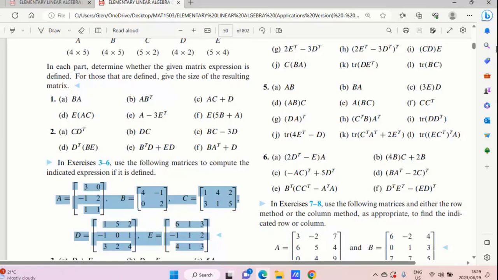Then the second entry in the first row is minus 2 minus 1. This is going to be minus 3. Do we agree? Then the third entry is going to be 6 minus 3, which is 3.